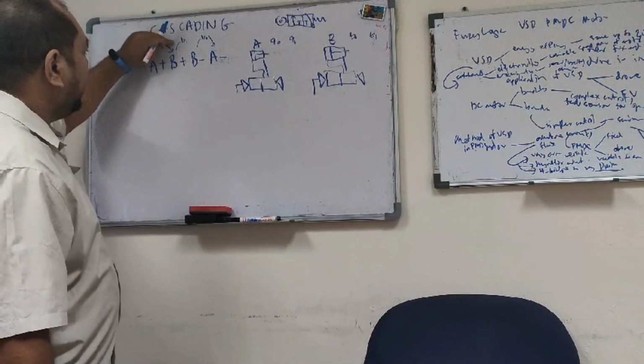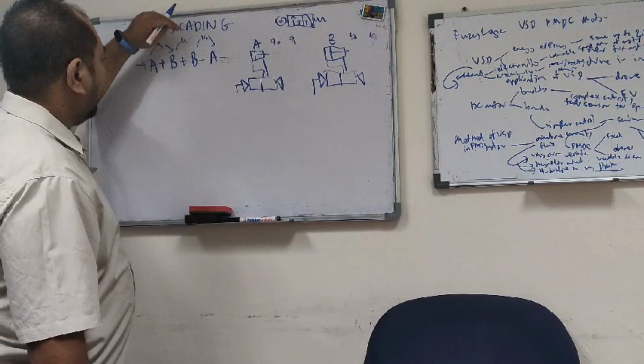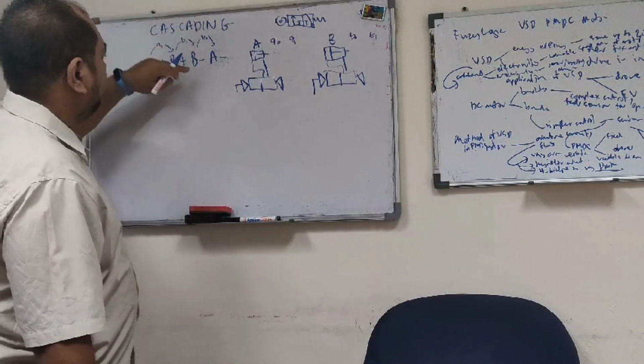B plus will hit sensor B1, and due to B1 being activated, we want to retract cylinder B.